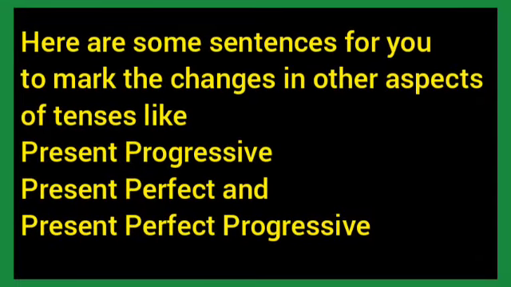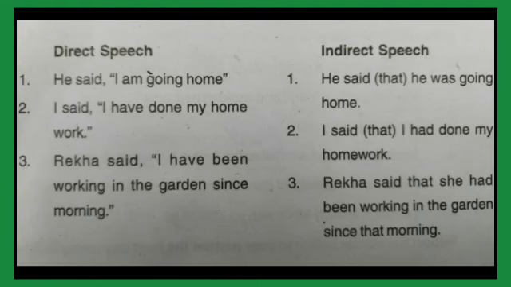Here are some sentences for you to mark the changes in other aspects of tenses like present progressive, present perfect, present perfect progressive. Now, mark example number 1. It is in present progressive in direct speech and it changes to past progressive in indirect speech.